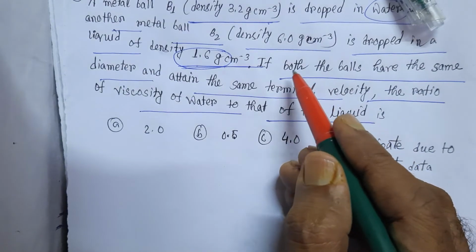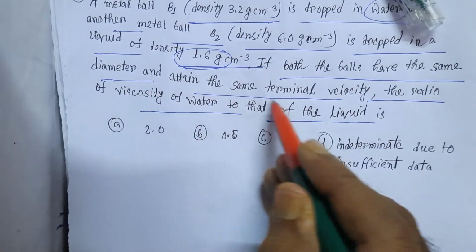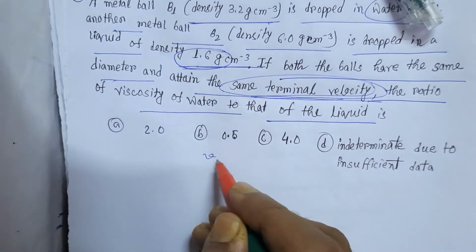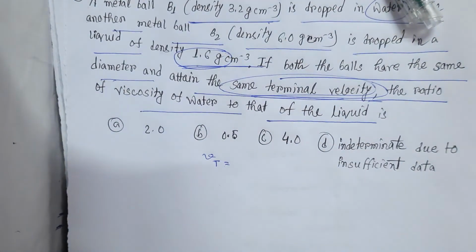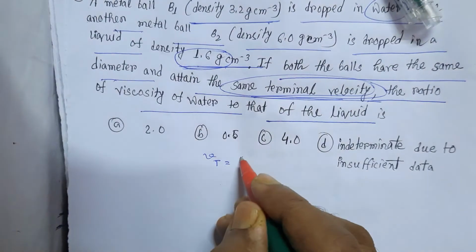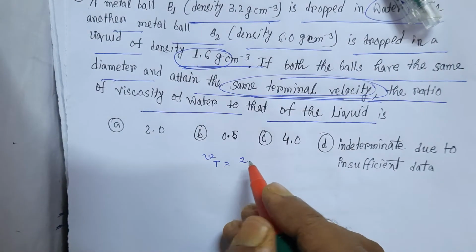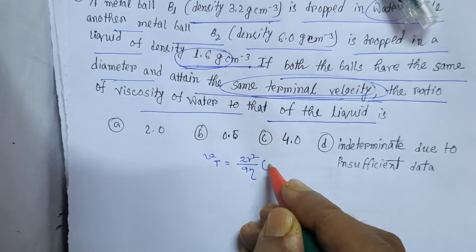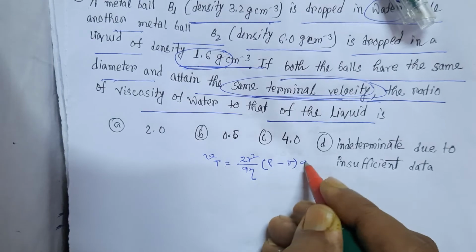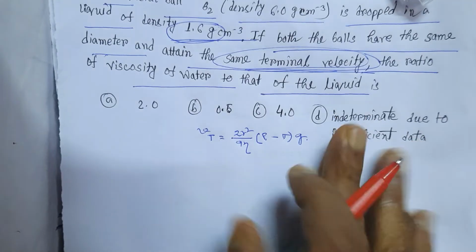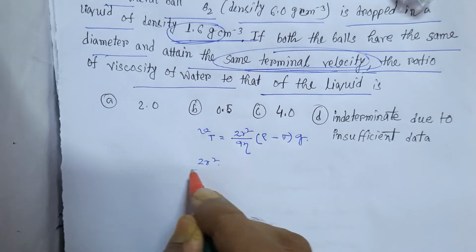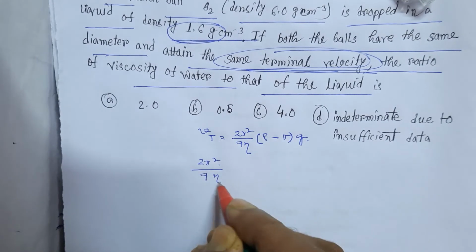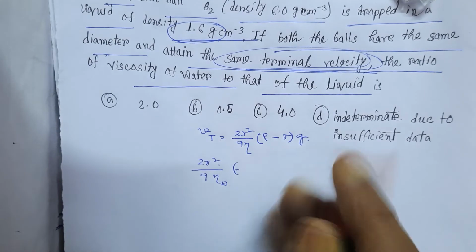What is given? Both the balls have the same diameter and attain the same terminal velocity. So you have to write down the terminal velocity expression. Vt equals 2r square by 9 eta into rho minus sigma into g. Now for the first case, it is 2r square by 9 eta w, eta of water, into rho minus sigma.